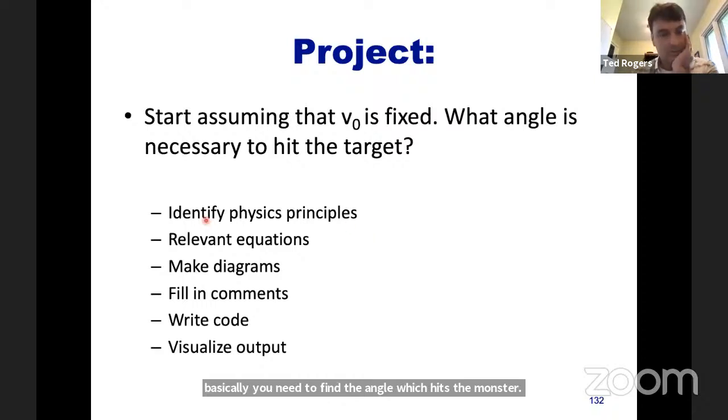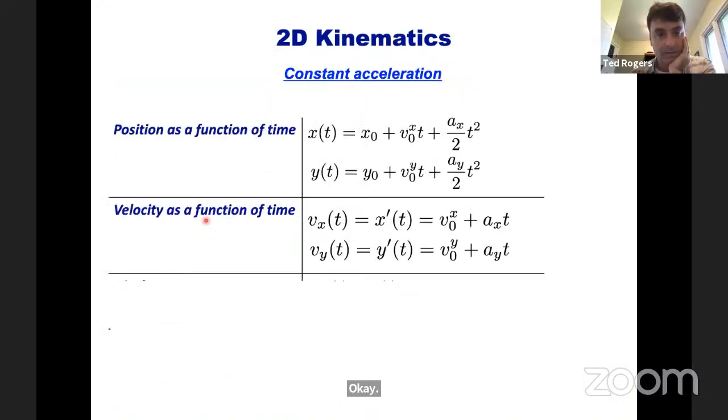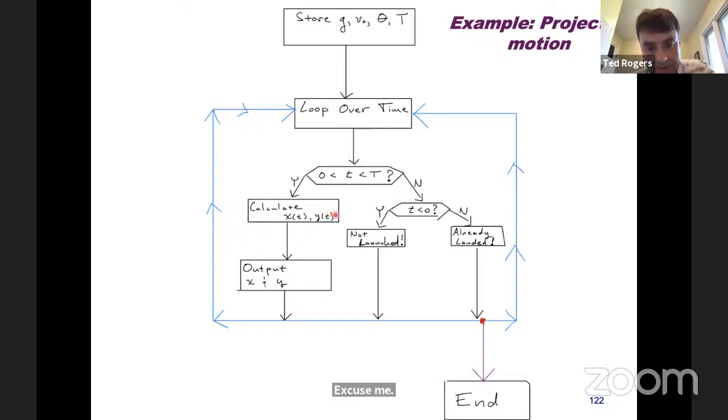Okay. So one thing you need to do is complete this diagram, this flow chart, this workflow diagram by filling in this calculate x(t), y(t) box here. Maybe make another page and fill in what goes into here.